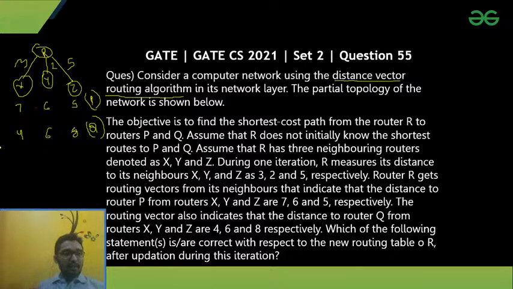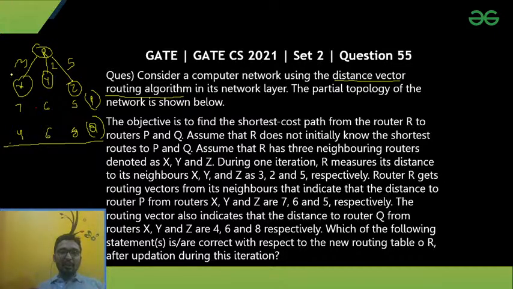Which of the following statements are true or false with respect to R after the updation of the table? Before seeing the statements, let us find the minimum distance from R to P and Q. How will the distance to P and Q be calculated from R? It is simple. We get distances from X, Y, and Z to P, and we know the distances of X, Y, and Z from our router itself, that is 3, 2, and 5.